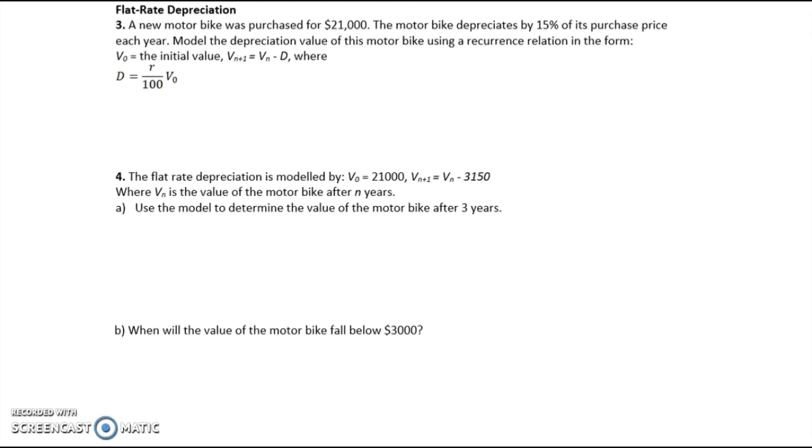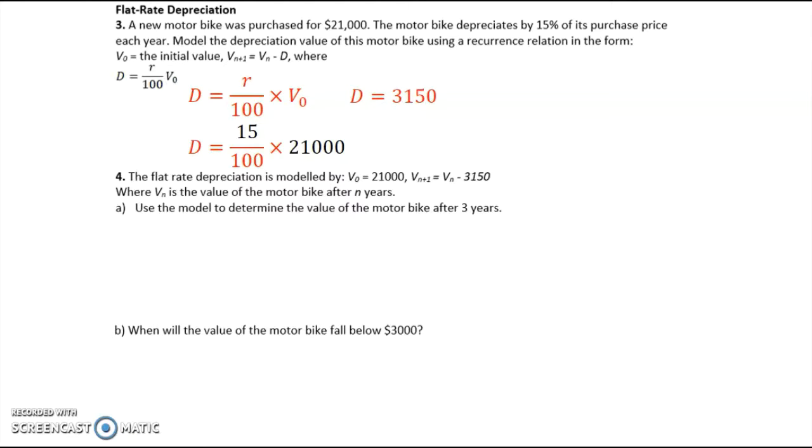As you can see, the formula for the common difference is exactly the same. So we just do exactly the same as what we did before. First step, we have a look at the formula. Now we substitute the values. We've got 15%, so 15 divided by 100 multiplied by 21,000.